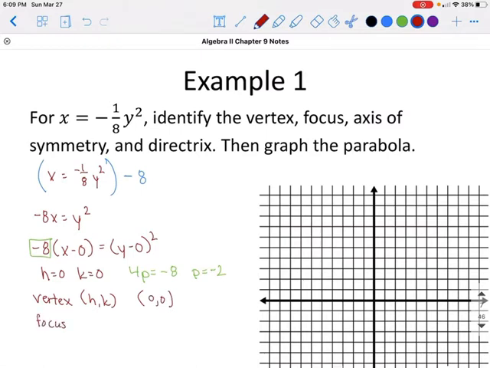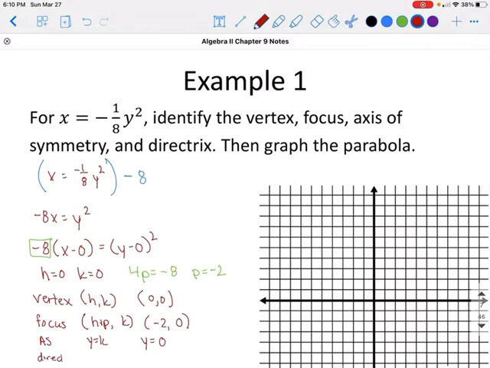Your focus will be h plus p and k. So if I do h, which is 0, plus p, which is negative 2, 0 plus negative 2 gives me negative 2 and 0. Your axis of symmetry will just be y is equal to k, or in this case, y is equal to 0.